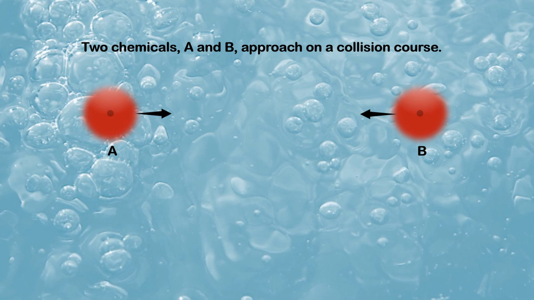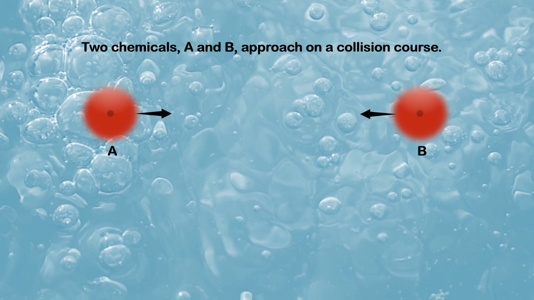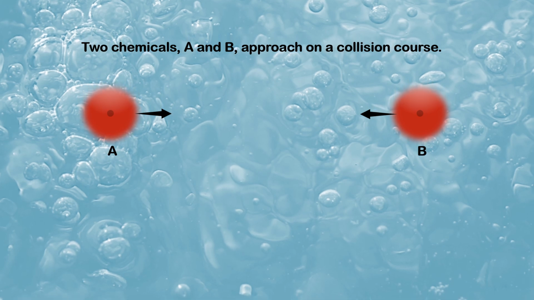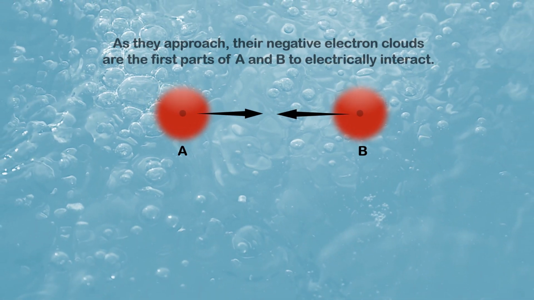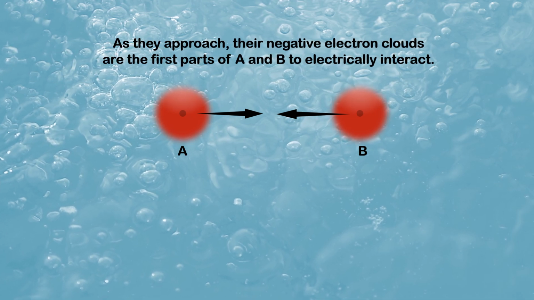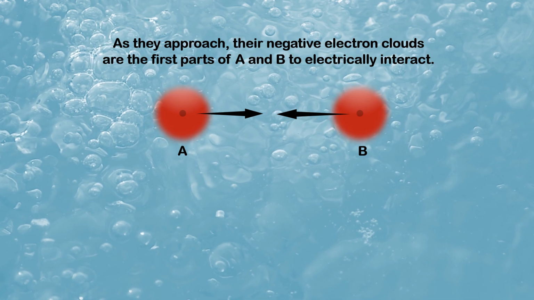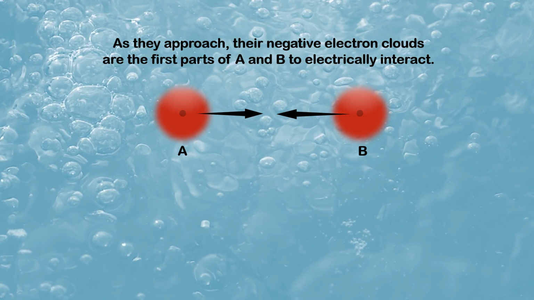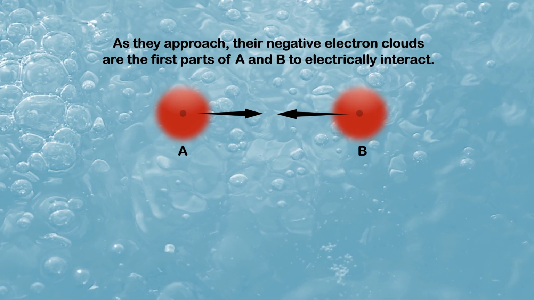Initially, they are far enough apart that the repulsion between their negative electron clouds is negligible compared to their thermokinetic energy. But as they approach one another, their negative electron clouds, 100,000 times larger than their positive nuclei, are the first parts of A and B to electrically interact.